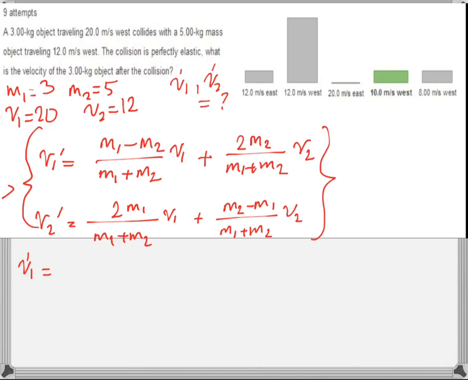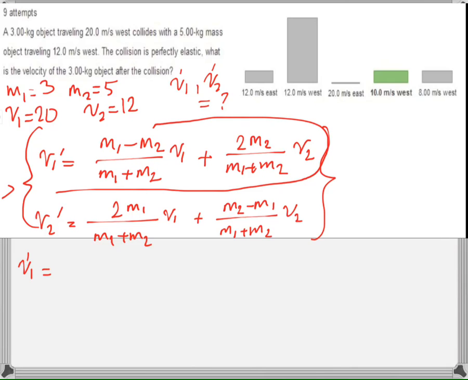Well, the problem says the collision is elastic. What is the velocity of the 3 kilogram object? So the 3 kilogram object is the first object, so I will have to calculate V1 prime. And you just use this equation, that's it.